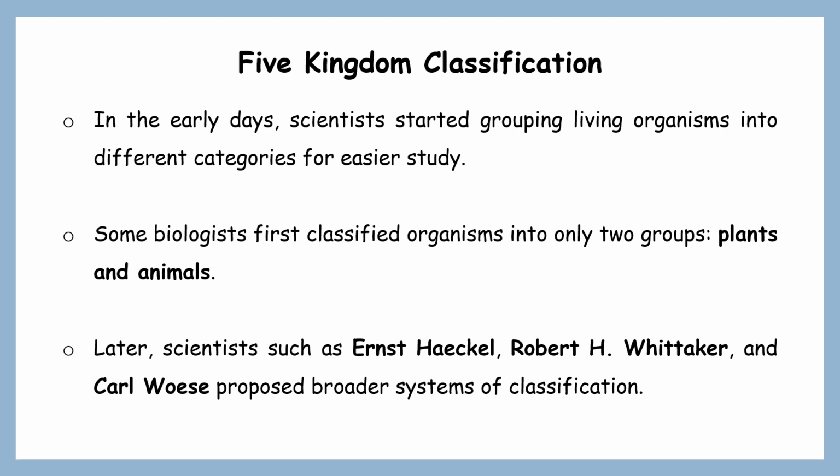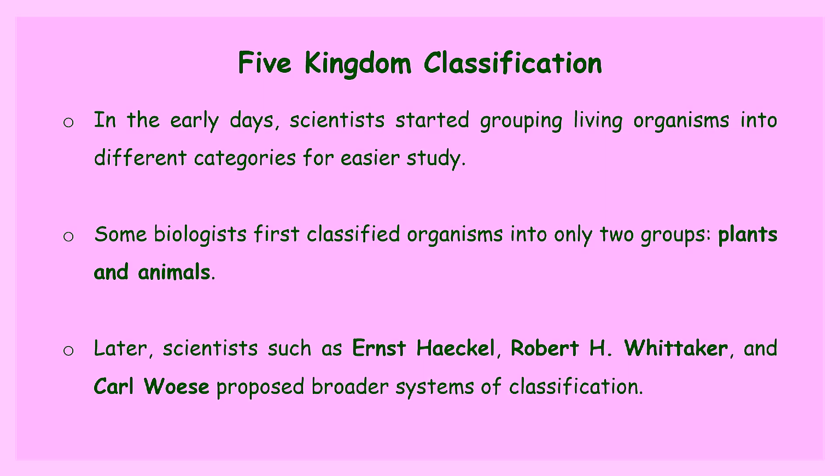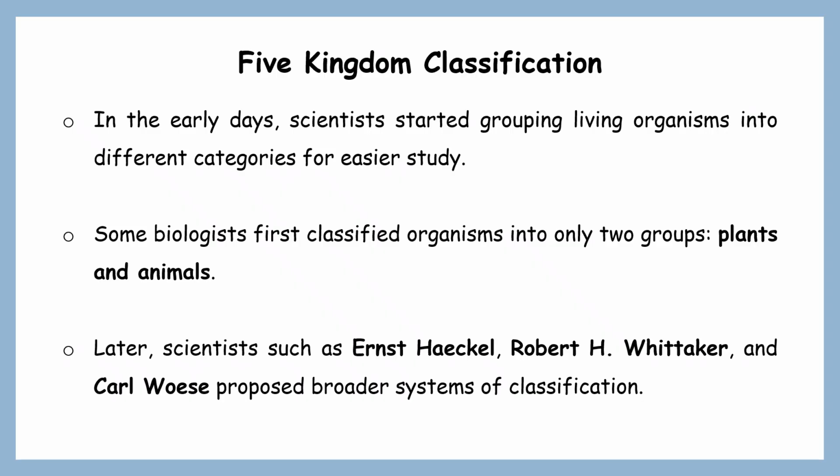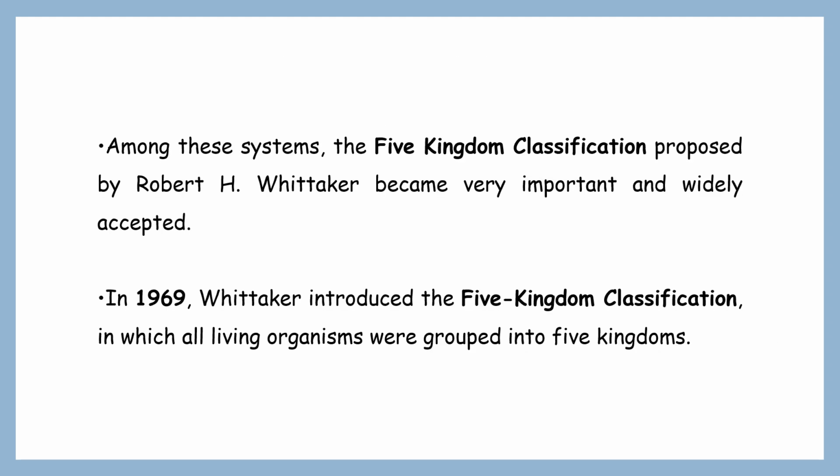Later, scientists such as Ernst Haeckel, Robert H. Whittaker, and Carl Woese proposed a broader system of classification for better understanding of all the living organisms present on planet Earth. Among all these systems, the five kingdom classification proposed by Robert H. Whittaker became very important and widely accepted by most scientist groups.